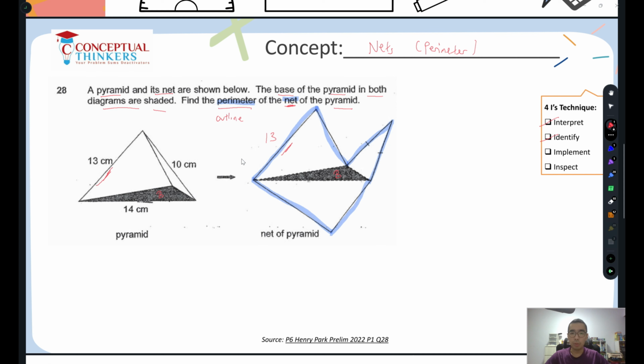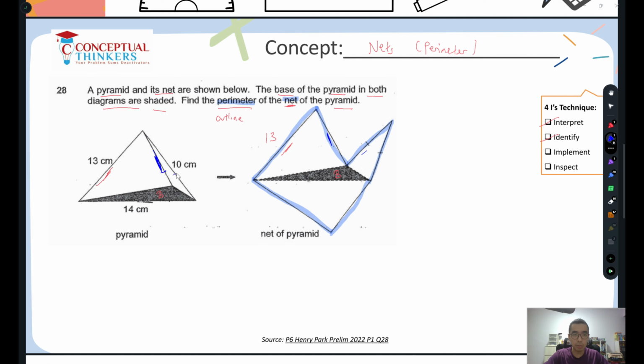Okay. Next, we also have the length of 10 here, right? So this is at the right side of the pyramid. So I'm going to use another color and identify this. Now, take note for this line here. This line here is actually joined up by these two lines here. So when you join them together, it forms this 10 here. And take note that the diagram did mention that they are identical, I would say equal in length.